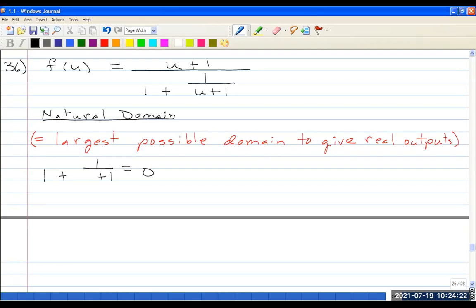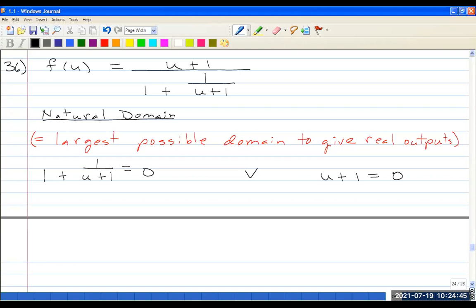Neither do I want, so that's one denominator, this denominator here. But this is also a fraction. So I want this denominator to also not be 0. Subtracting 1 from both sides of this equation, I get u equal negative 1.